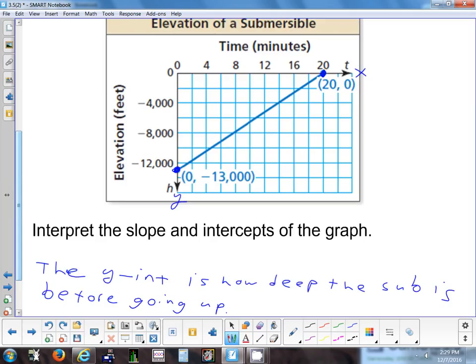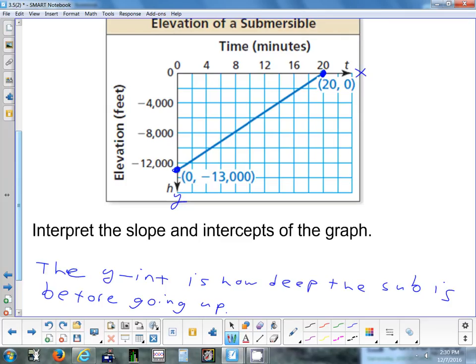What does that mean? Is that showing how deep the submarine is? How deep is the submarine at this point? How many feet? 0 feet, right? If you look at your graph, in feet, at this point, the submarine is at 0 feet deep, which means what? It's at the surface.